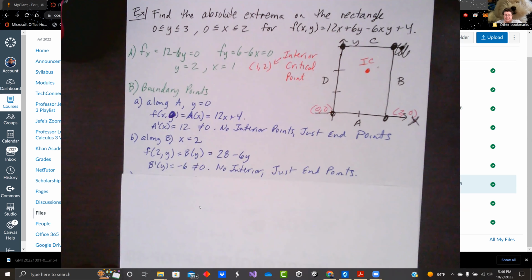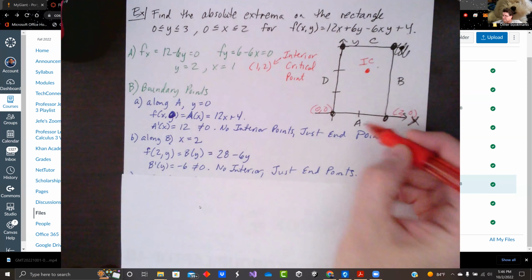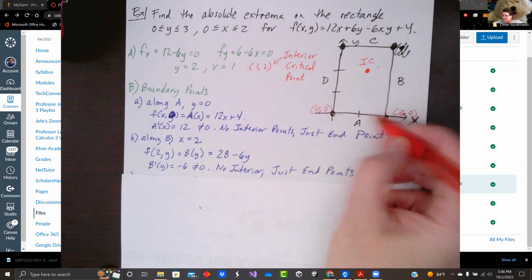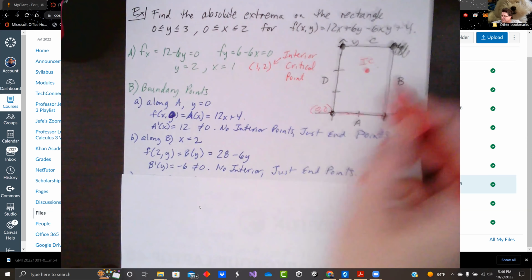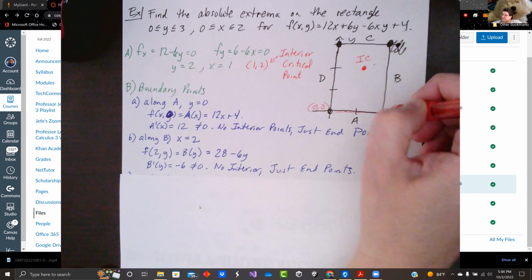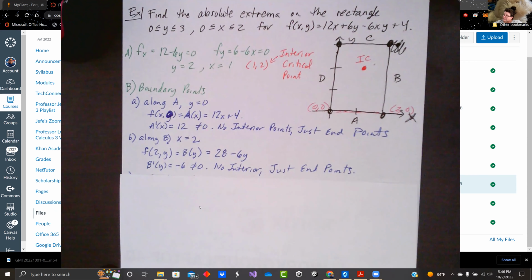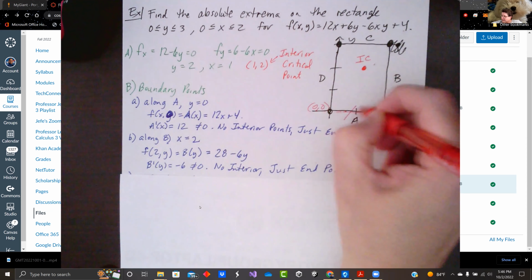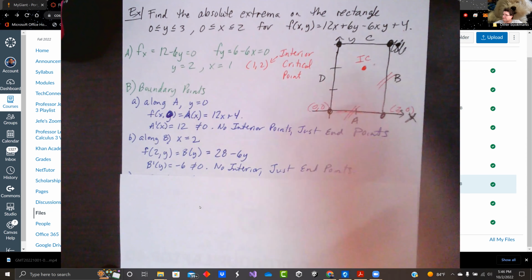Again, it's not 0 anywhere, so there are no critical points on the inside of this line. It can only be at the endpoints.